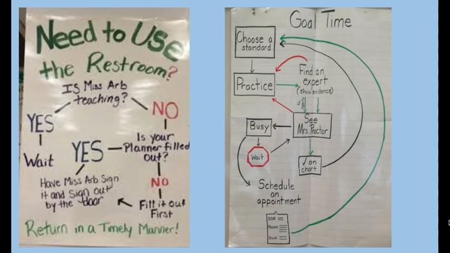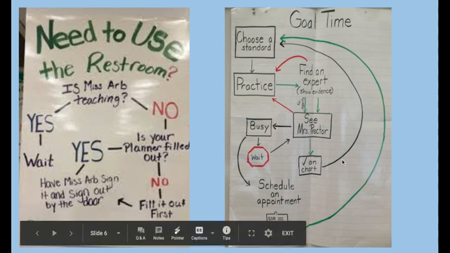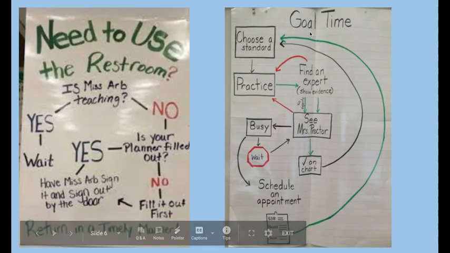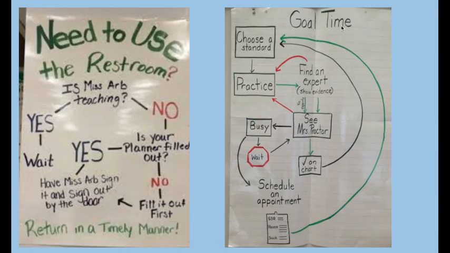Okay, over here on the right, let me zoom in here. And sorry about the pop-up thing here. Let me zoom back out and put my cursor in the right spot. Okay, for a time that she calls goal time, this looks like it's an independent time where the kids have to choose a standard that they know they need to improve on. Then they practice, okay?